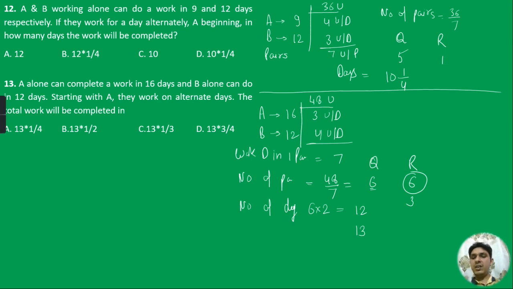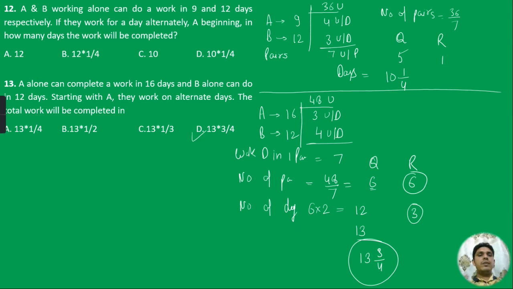After the 13th day, the remaining work is 3. After this, who will do the work? B will do the work. How much work can B do in one day? 4 units per day. Now this 4 is greater than 3. So the number of days taken will be 13 and 3 by 4 days. That means option D will be the right option.